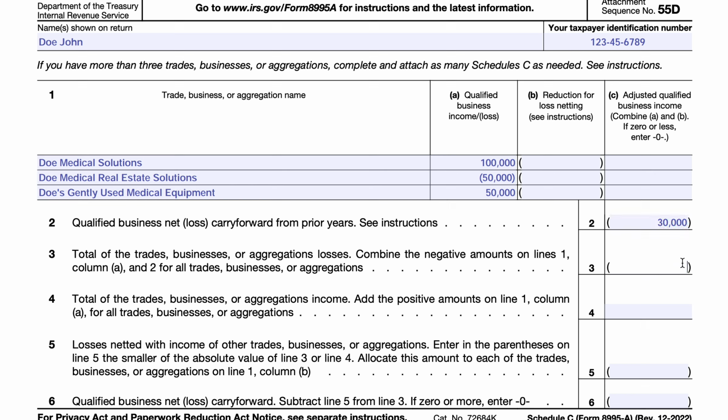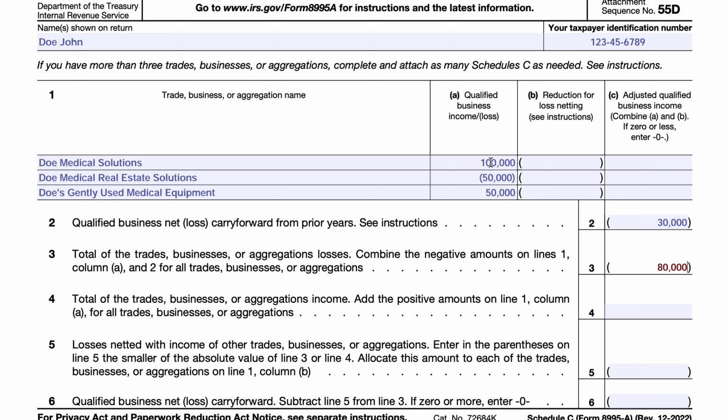So we're going to combine the negative amounts on line 1 column A and line 2. We've got a $50,000 loss here and a $30,000 loss here. That gives us a total of $80,000 of losses. Now we're going to take the total of the income on line 1 column A for all of these.